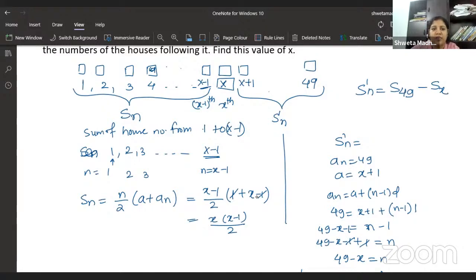So if you subtract the sum till this part from the whole, you will get the sum of this part only. Clear? So here you are counting from first, 1 to 49, and x is 1 to x. Is it clear? Any one method you can use.